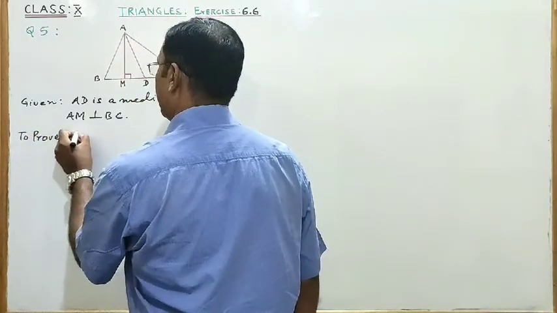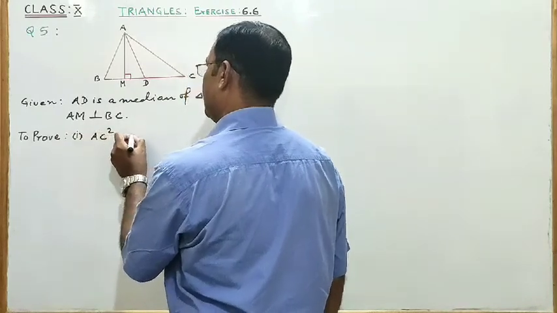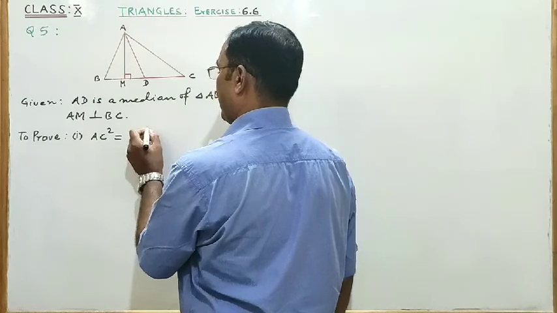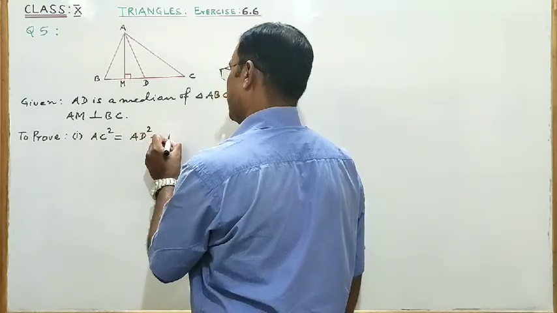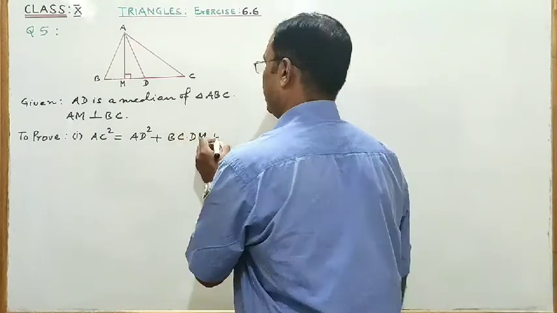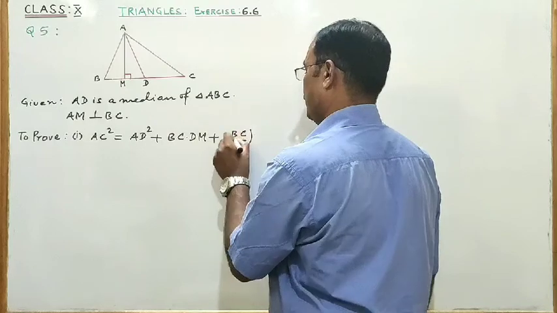We have to prove that AC square is equal to AD square plus BC into DM plus BC by 2 whole square.